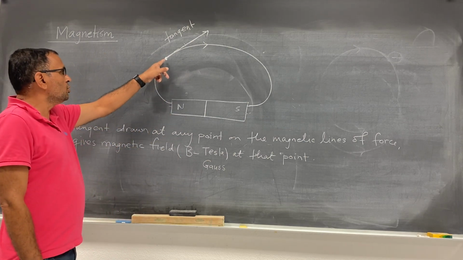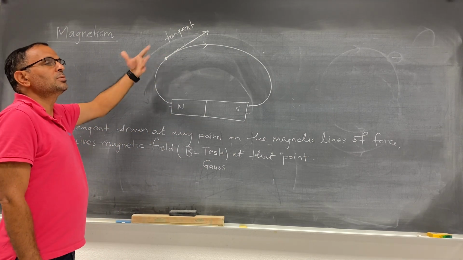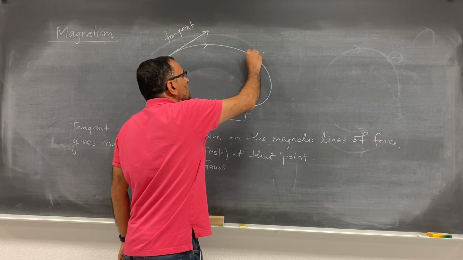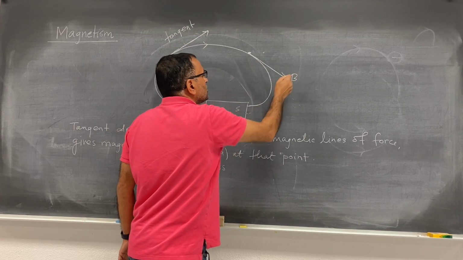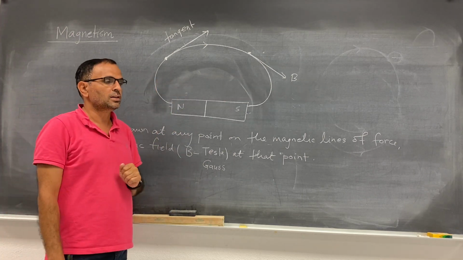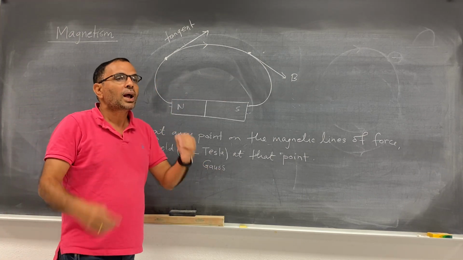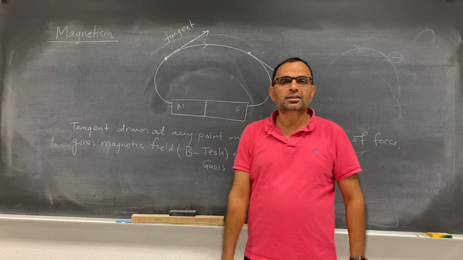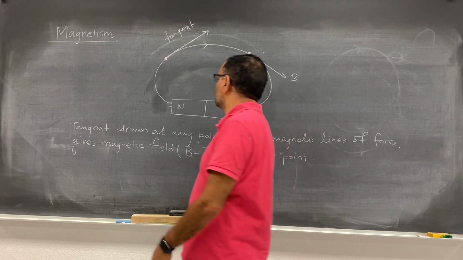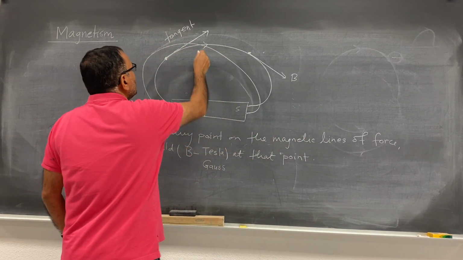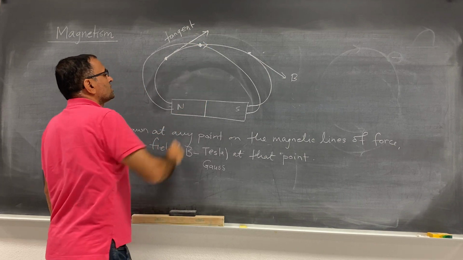So now you know this. If you draw the tangent here, that gives you the magnetic field. If you draw the tangent at this other point, that is also the magnetic field, because the tangent line gives you the magnetic field. Now, I said two or more magnetic lines of force never intersect. What happens if they intersect like this? This is the point of intersection.